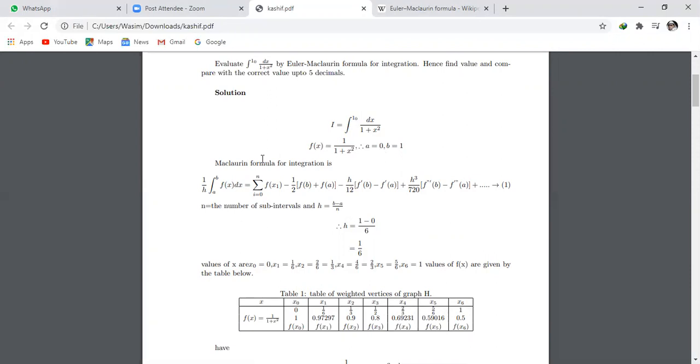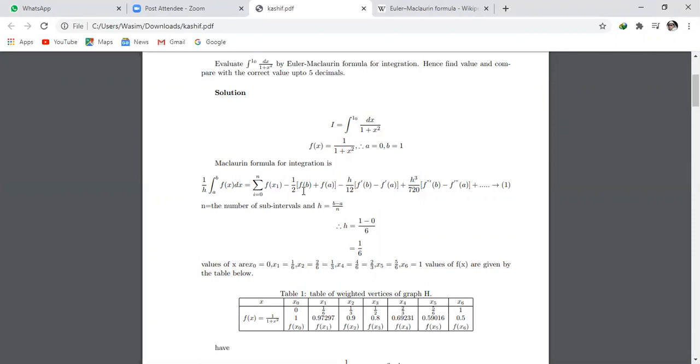And then what is the Maclaurin formula? The Maclaurin formula for integration is: 1 over h integral a to b f of x dx is equal to the summation from i equal to 0 to n of f of x_i, minus half, 1 by 2, of f of b plus f of a, minus h over 12 times f dash b minus f dash a, where f prime means the first derivative.